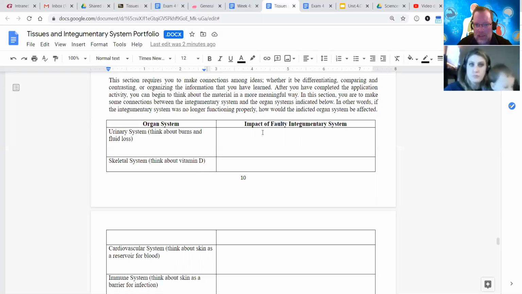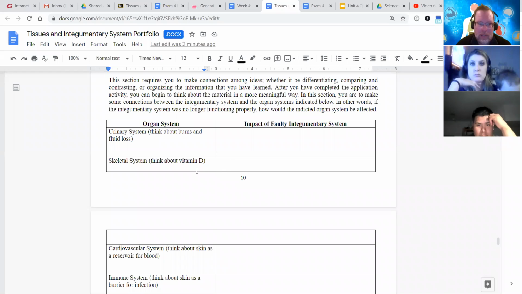Vitamin D synthesis. If the integumentary system is dysfunctional, it could affect how UV rays are passing through and how vitamin D is getting synthesized. If vitamin D synthesis is not occurring like it should, it can affect our ability to absorb calcium and deliver it to the bones.